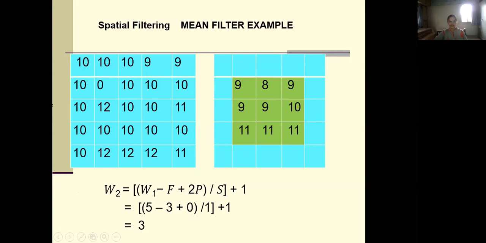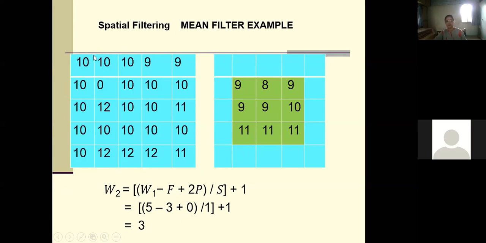Here your original image size is 5 by 5, so your W parameter is 5. Filter size we have used is 3 by 3, so here we have substituted F as 3. Then we have not used zero padding around the image. So here we have substituted P as 0 and stride rate, or the rate by which we are scrolling the mask, is 1. One column, one row.